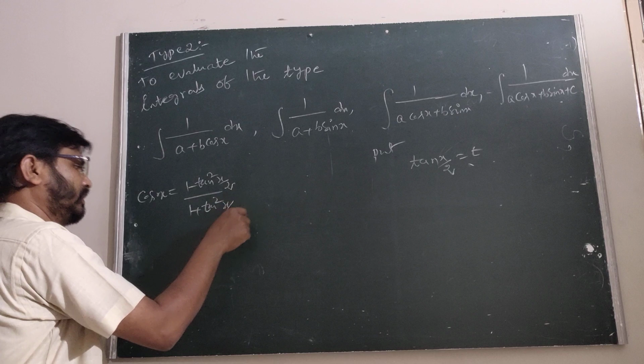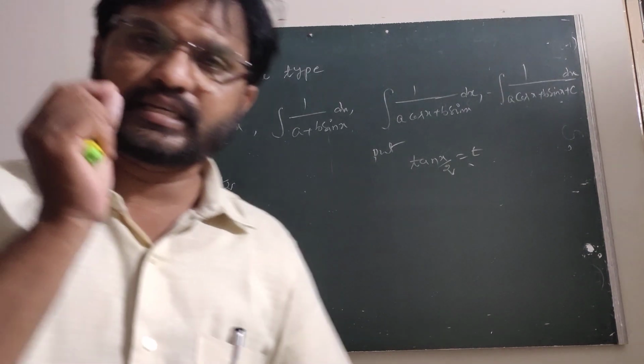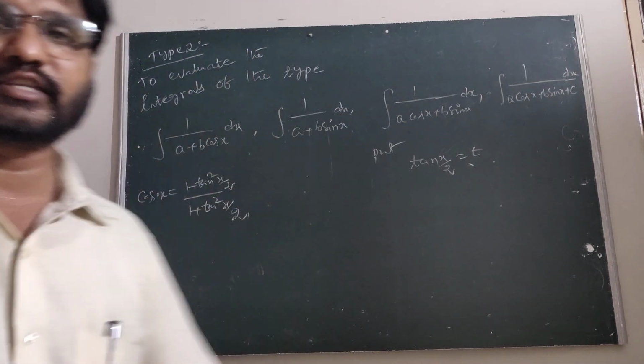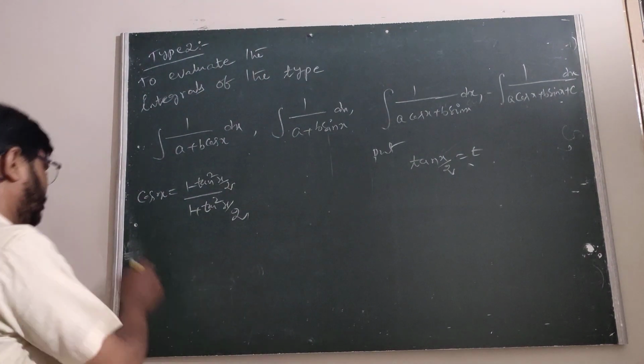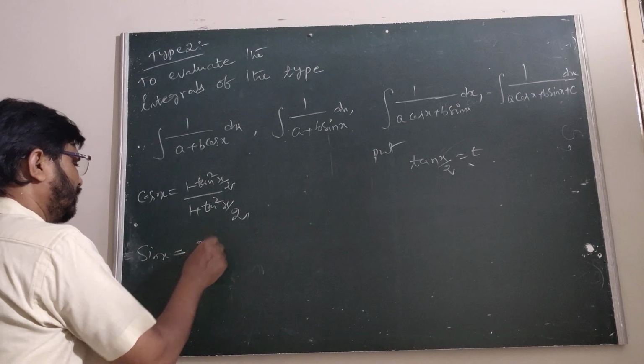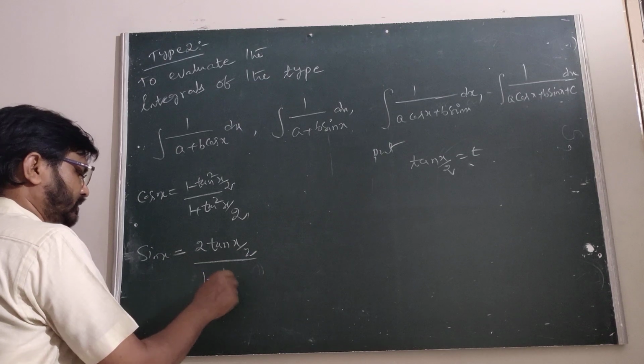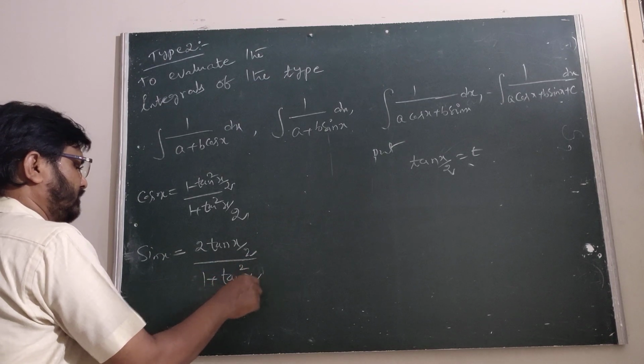We know this from first year, in multiple and submultiple angles. And sin x is 2 tan x by 2 upon 1 plus tan square x by 2.